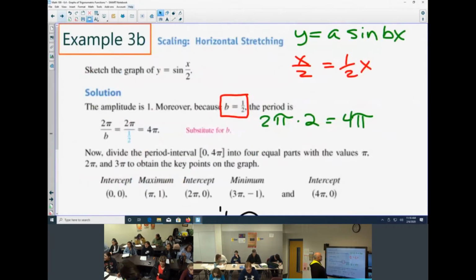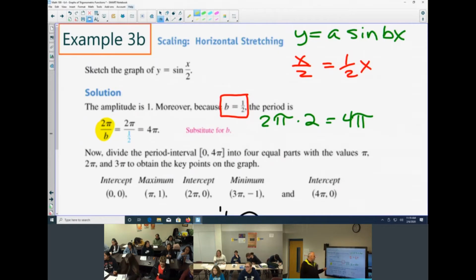All right. So let's say I want to graph y equals the sine of x divided by 2. Well, the coefficient of x here is 1/2. So you think of b as 1/2. In general, the formula is 2 pi divided by b. So if b is 1/2, you have 2 pi divided by a half, so that's 4 pi.